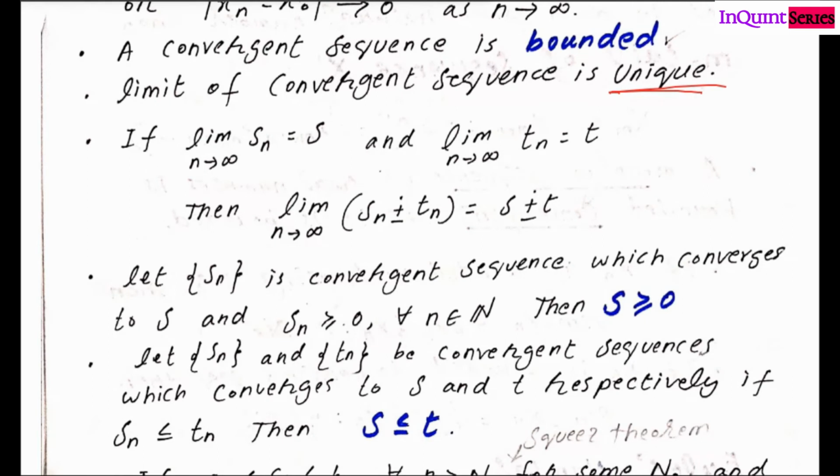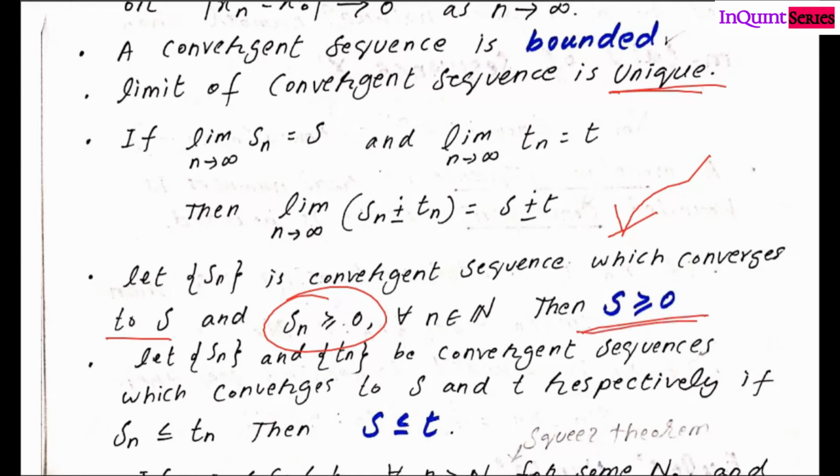So next I write some proofs over here. Here I will remind you about the statements of theorems, and later we will prove them. The first statement is: let Sn be a convergent sequence which converges to S, and Sn is greater than 0 for all n belonging to the set of natural numbers, then S must be greater than or equal to 0.